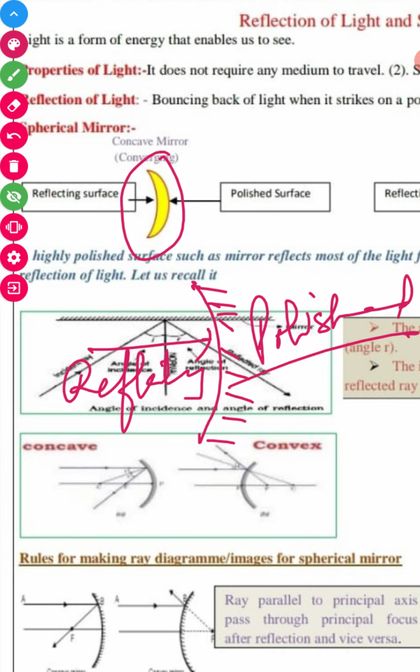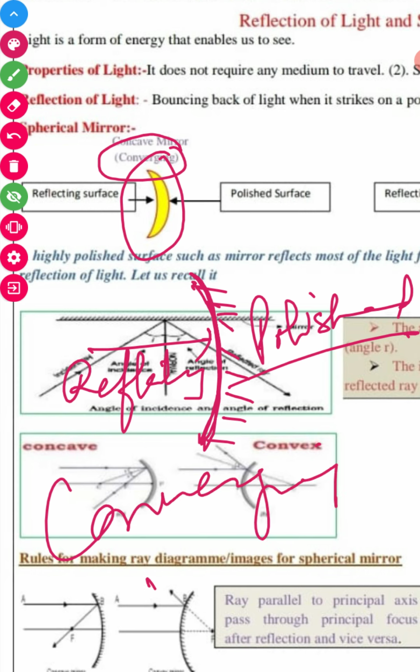It converges all the light rays passing through it to its focus. So that is why it is called a converging mirror, as it focuses all light rays to a point.